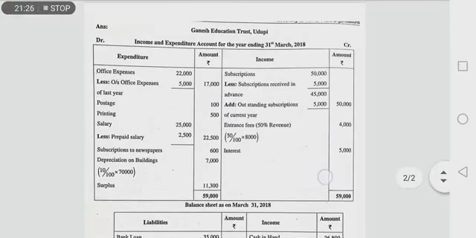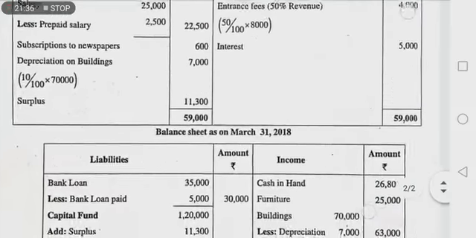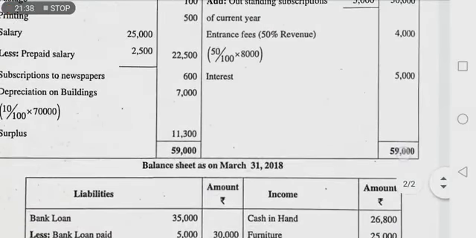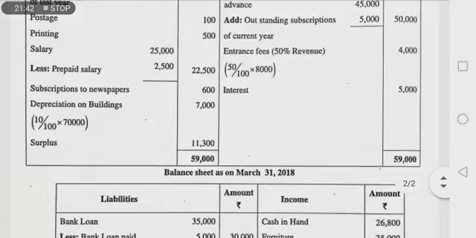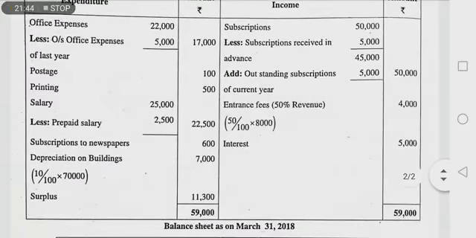Now we have to total both sides, credit side as well as debit side of the income and expenditure account, and find out which side shows more amount. The credit side shows the total amount 59,000. You can see here 59,000 total amount. And you also have to calculate the total of the debit side.